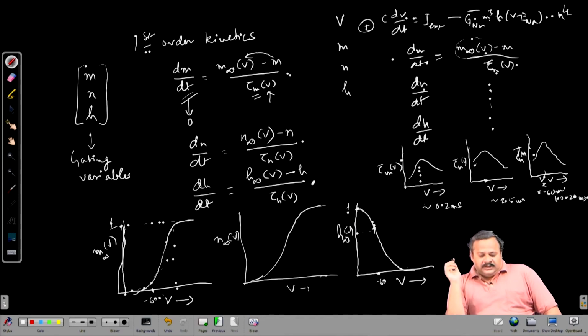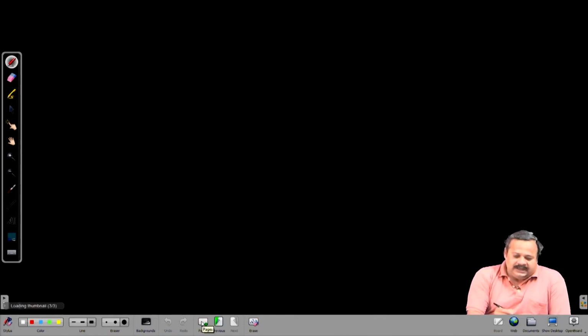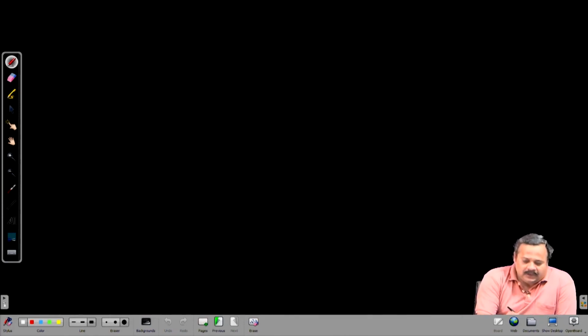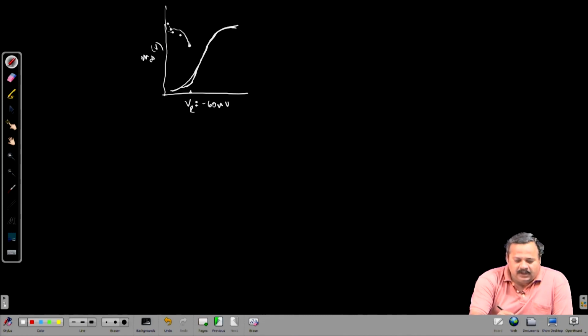If we now put all this together, let us say we are at V rest, which is equal to minus 60 millivolts, and we have m infinity(V), and we have a small fraction of sodium activation gates open and a lot, around 0.6, of the inactivation gates being open.